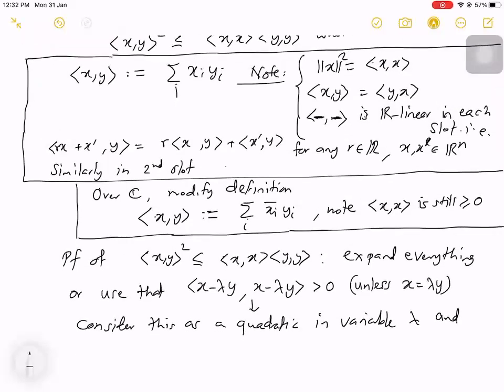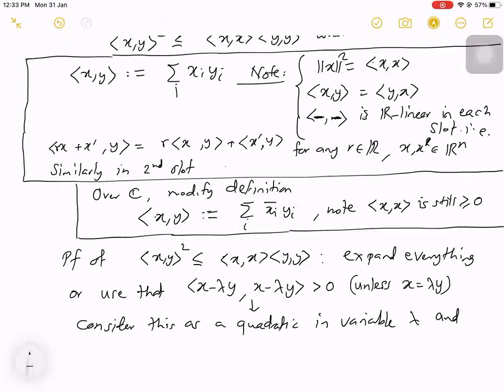So this expression is going to be a quadratic in variable lambda. So how do I expand it? You see, I can just use bilinearity, right? When I expand this out, I'm going to get 4 terms. One of those terms will have lambda square. 2 of those terms will have lambda. And the third term, the x with itself, will not have lambda. But all of those are going to be just constants because x and y are fixed vectors.